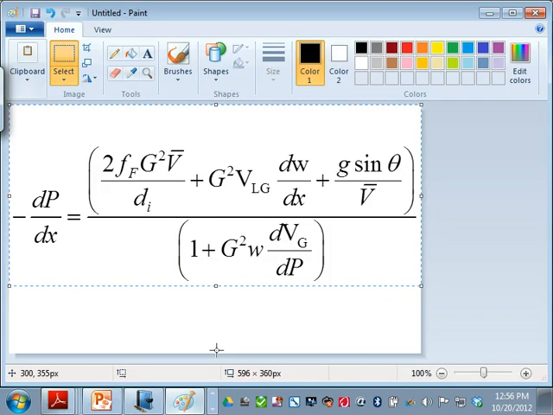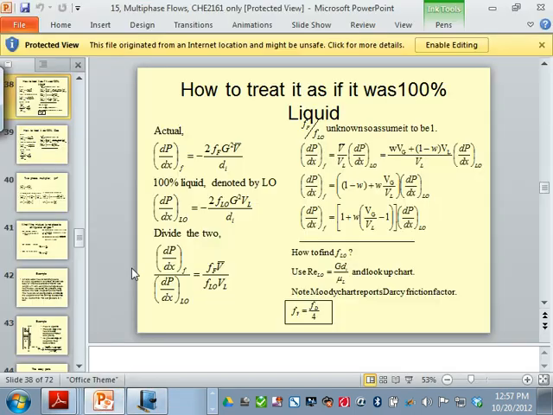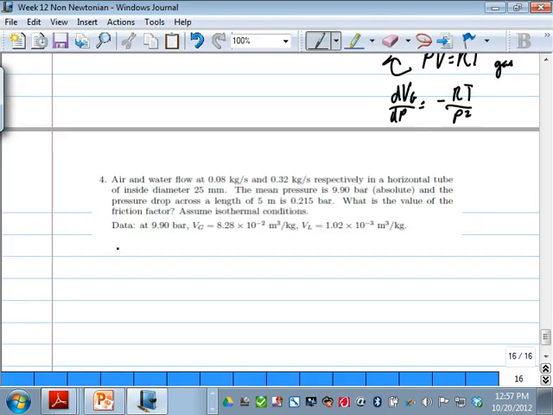So, wait. No, I don't need this anymore. Let's save. G squared. So G is ML plus MG.